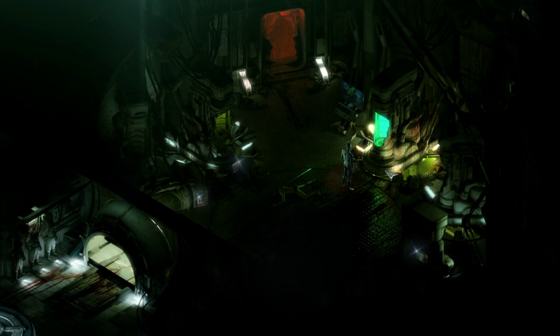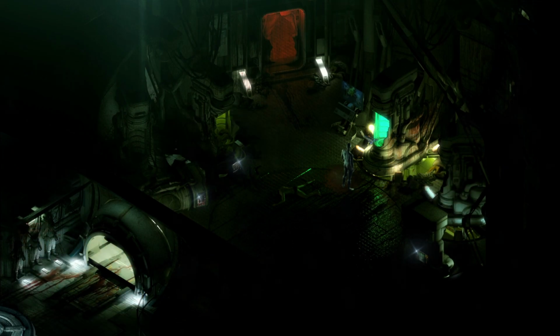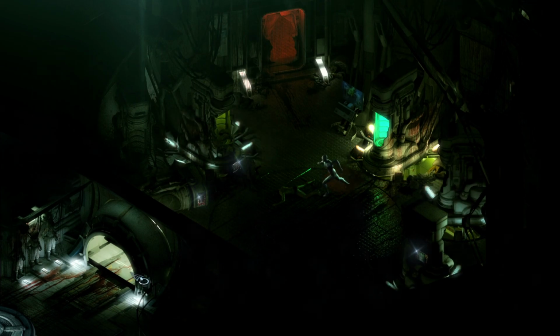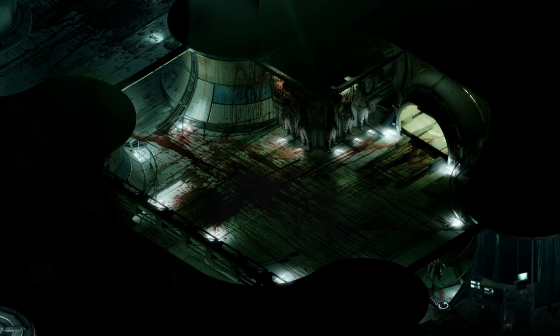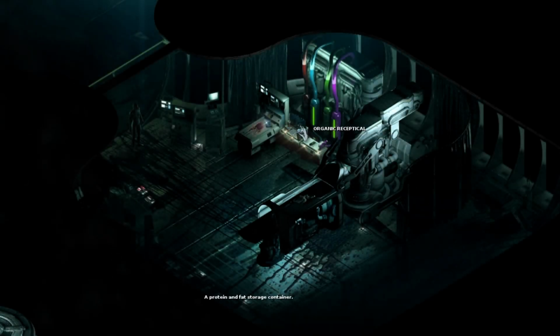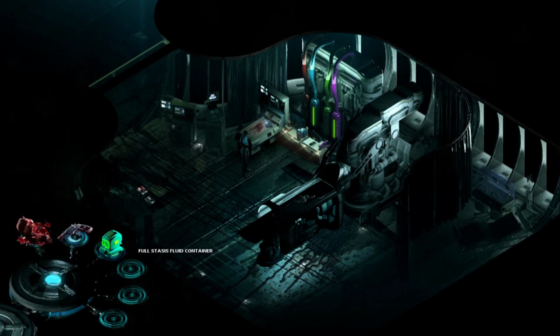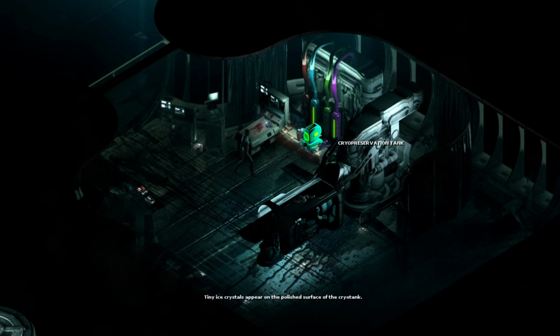Okay. Good enough. Okay, maybe we don't need anything for the biological, what is it, the organic receptacle? Let's put this in the cryopreservation tank.